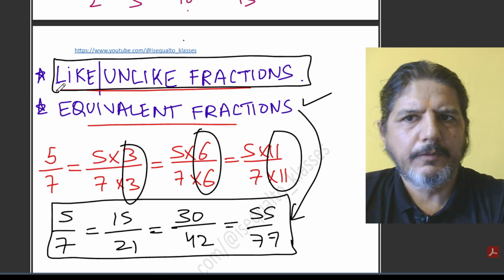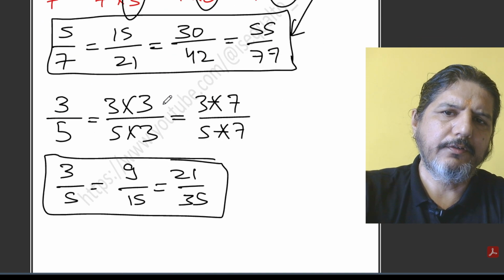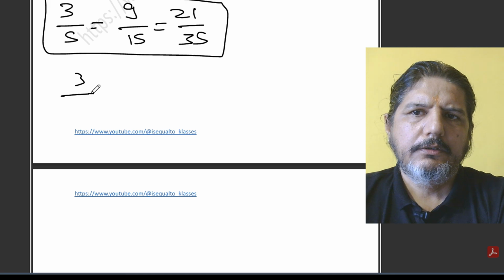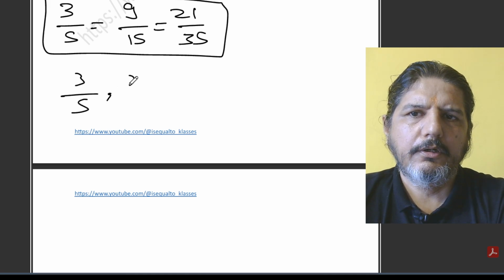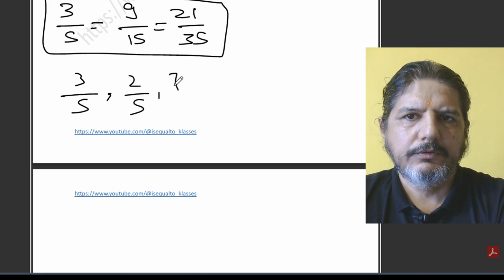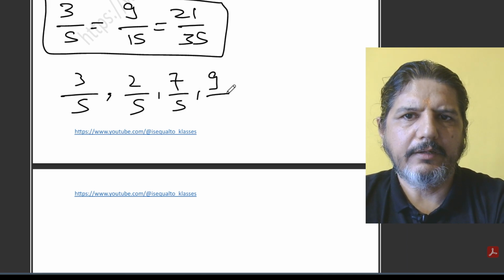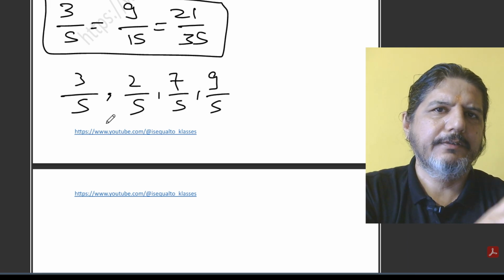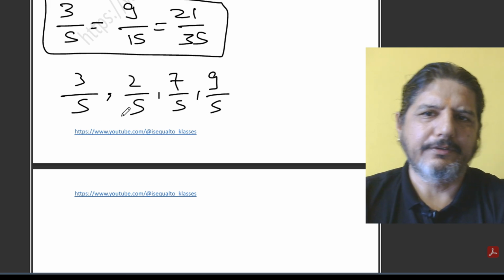Now we have understood the concept of equivalent fractions, so let's understand like and unlike fractions, which are very simple. For example, 3 by 5, 2 by 5, 7 by 5, 9 by 5: the denominator is the same, so they are like fractions.